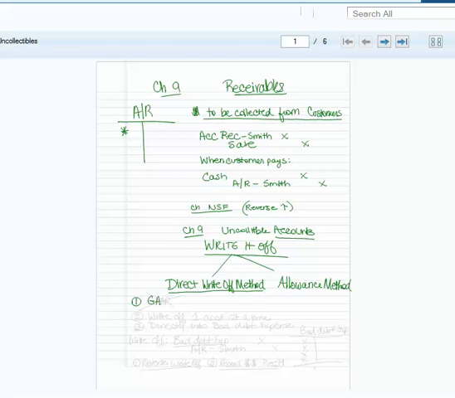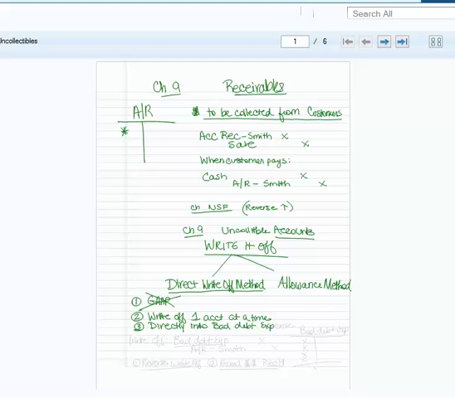Okay. GAAP stands for Generally Accepted Accounting Principles, and the direct write-off method does not comply with GAAP. Okay? So we know that. And we also know that you're going to write off one account at a time. And it goes directly into what? Bad debt expense.